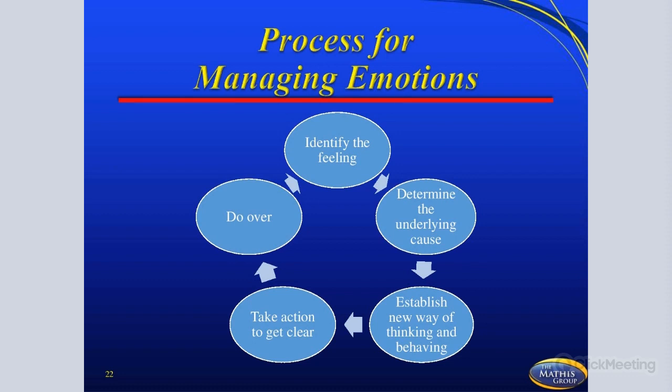But what you're trying to do is ask, do I understand what I'm feeling right now? Do I understand what I'm thinking right now? That's going to be a piece of it. And then the other part is determining the underlying cause. Next, establishing a new way of thinking and behaving, and then taking action to get clear, and then doing it over.